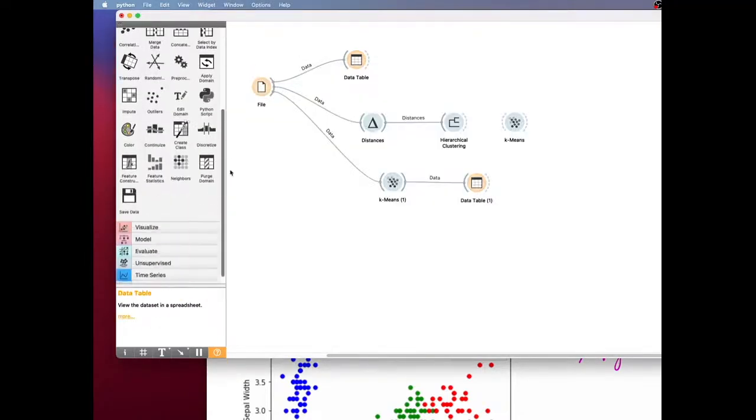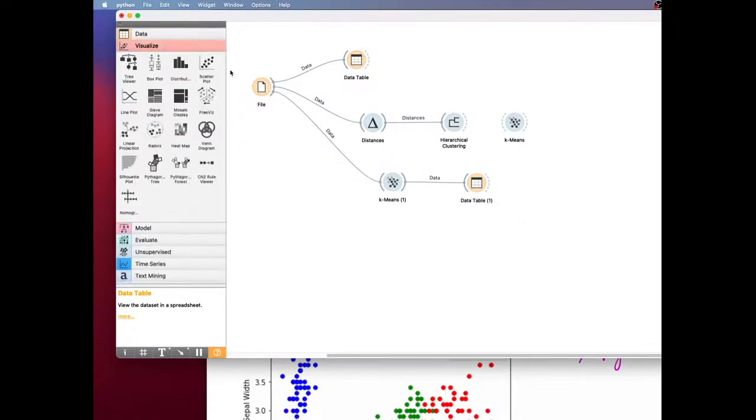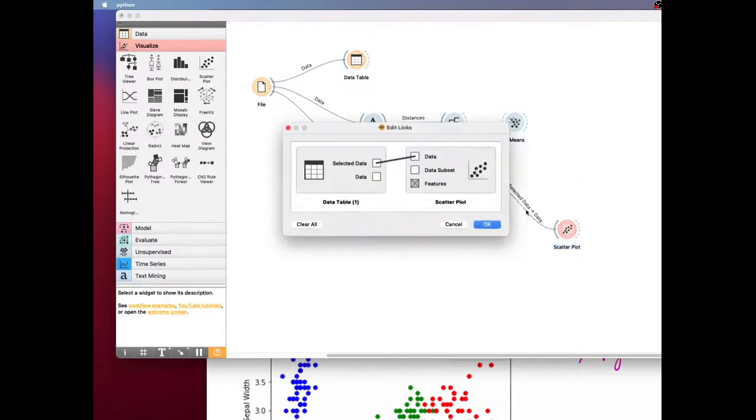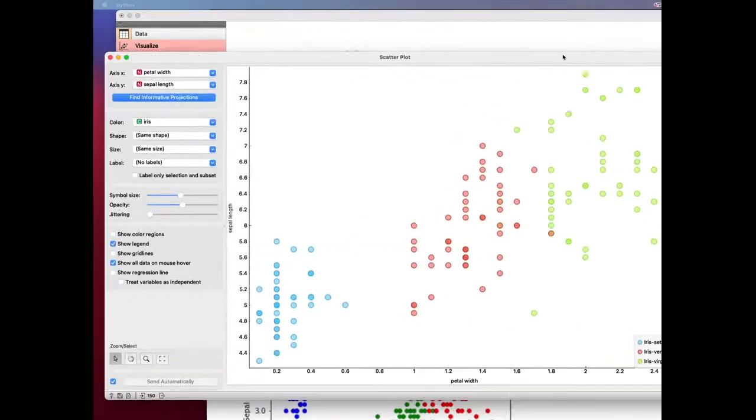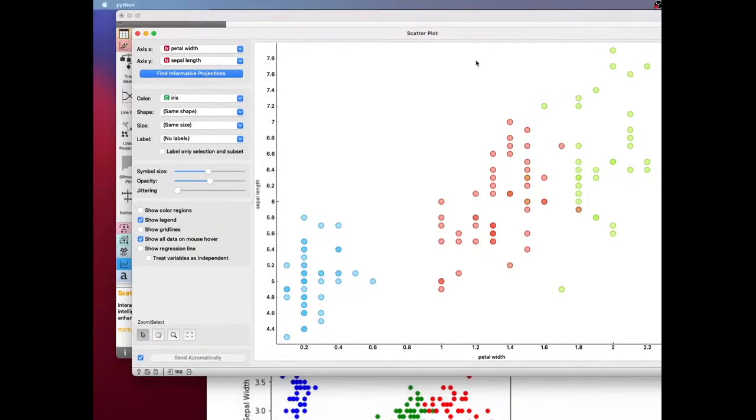For example, here's a visualize, right? We have scatter right here, and we connect the data to the scatter plot. Okay, we connect all the data right here, and we can double click it. And we can see that right here. Okay, we have 2 axes.